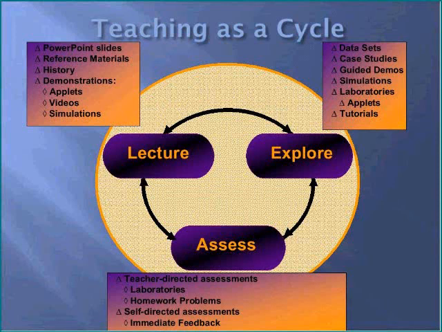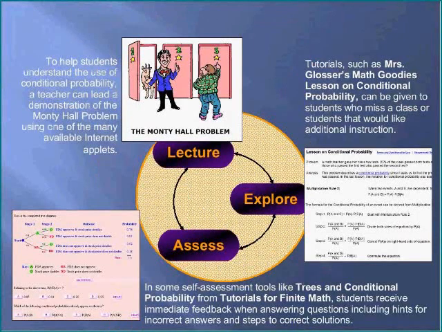But each of these parts of the whole idea of getting a new concept across has something that is out there that you can use to make that thing easier. And so I'd like to show you a couple of examples of this idea using things from the internet.